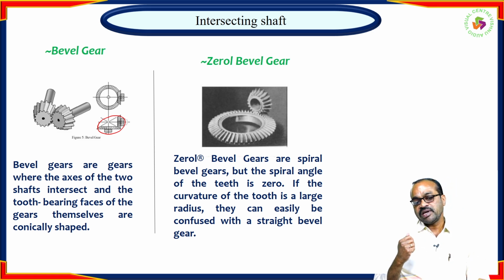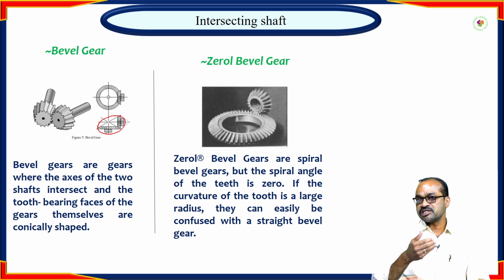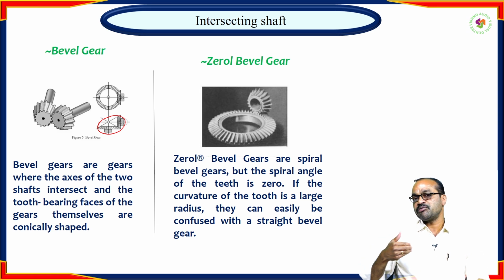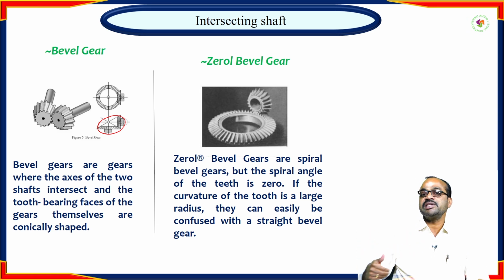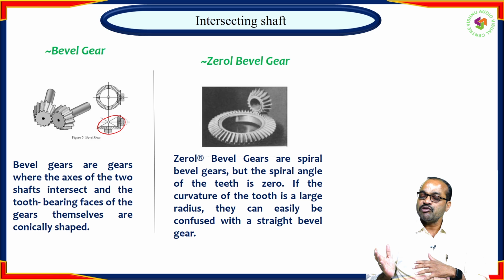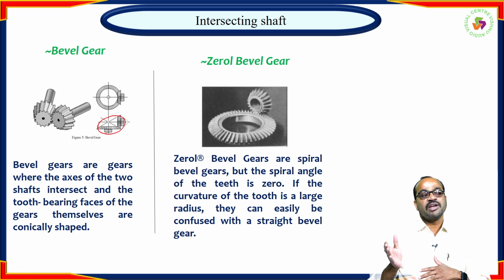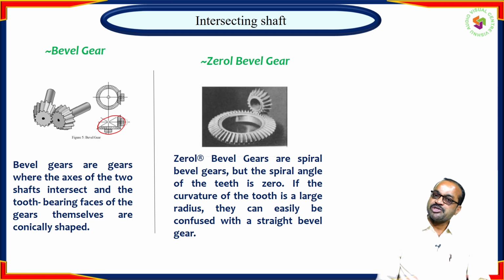When the vehicle wants to make a turn, either left or right, the steering mechanism through the propeller shaft arrangement finally goes to the differential. Inside the differential, bevel gear will be there. Based on the turn of the steering wheel, the bevel gear will turn the wheels either left or right. That is the purpose we mainly use bevel gears.